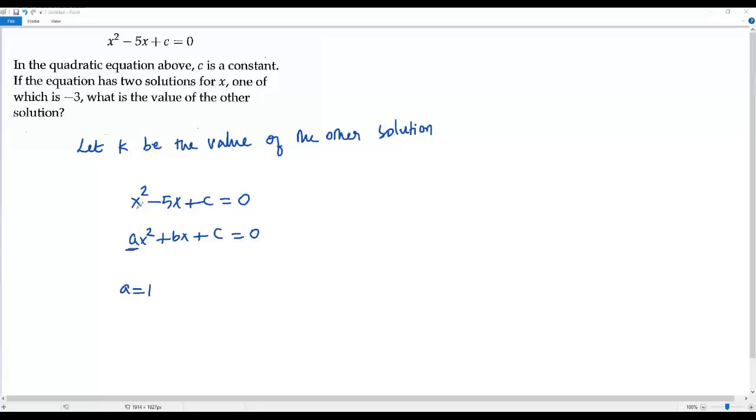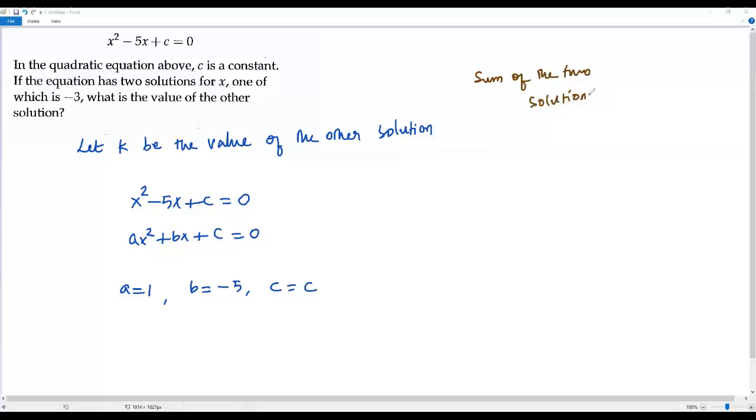A is the coefficient of x squared, which is 1 in our equation, and b is the coefficient of x, which is negative 5. c is the constant term, and in our quadratic equation we have the same c. If a quadratic equation is given in this form, we can find the sum of the two solutions without solving the quadratic equation. So, the sum of the two solutions.